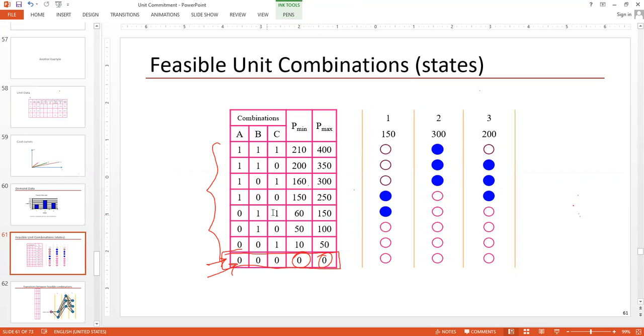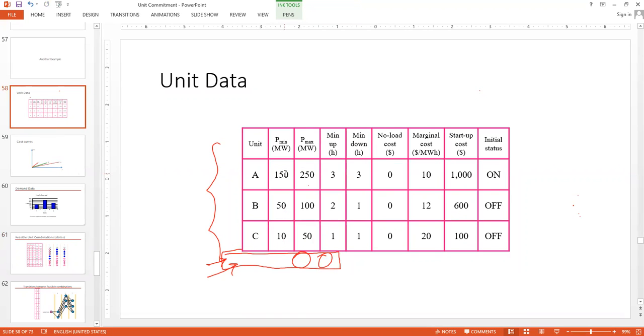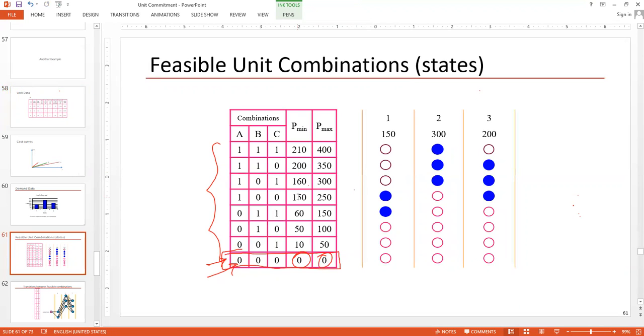If B and C both are operating, you add up the minimums, 50 plus 10, so it is 60. 100 plus 50, it is 150. When unit A is only operating, you go to the data: 150 and 250. When A and C are operating, you look at the C value and the A value. So 150 plus 10 is 160, and 250 plus 50 is 300. So in this manner, we can complete the table.